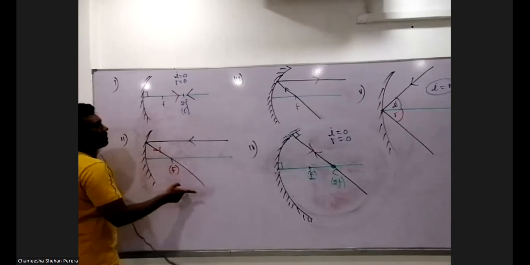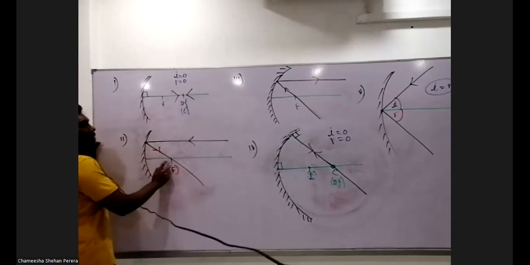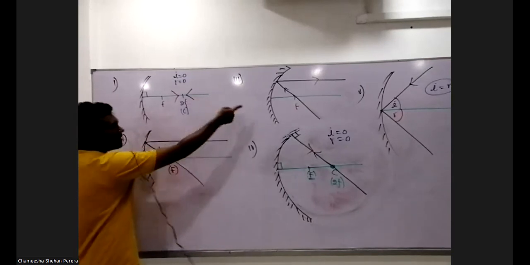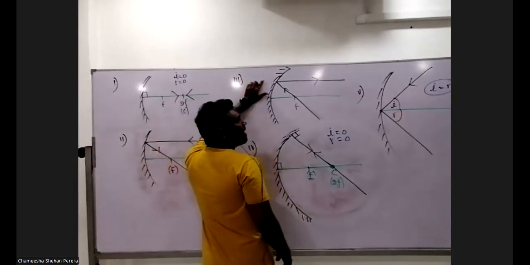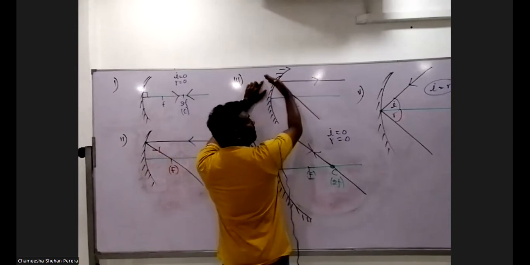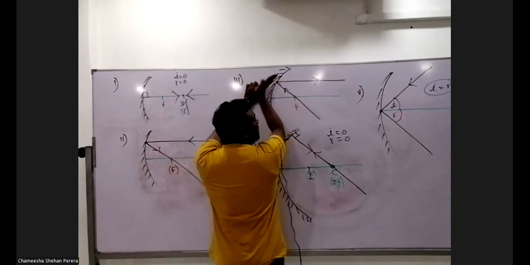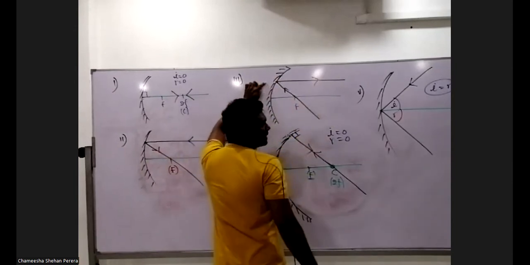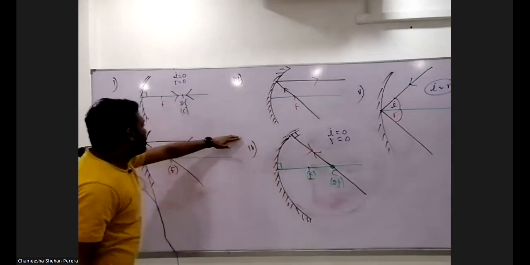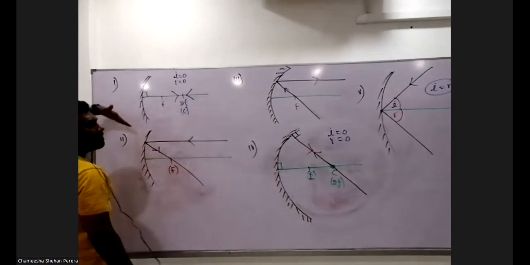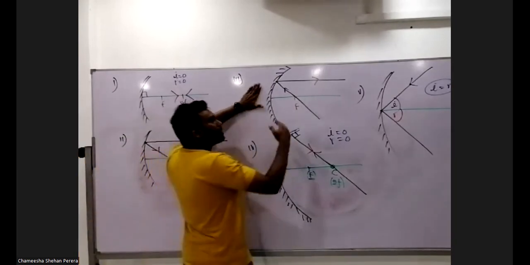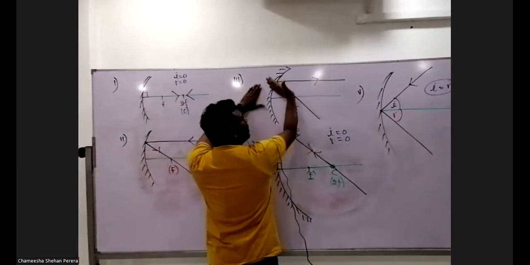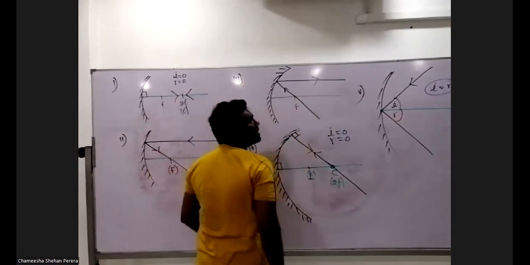The reverse of this: if a light ray reaches the concave mirror surface through the focal point, the light ray gets reflected parallel to the principal axis. Here the light ray came to the mirror surface parallel to the principal axis and got reflected through the focal point. Here the light ray comes through the focal point and gets reflected parallel to the principal axis.